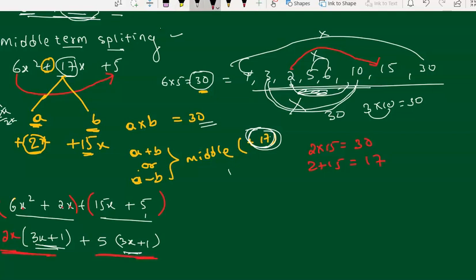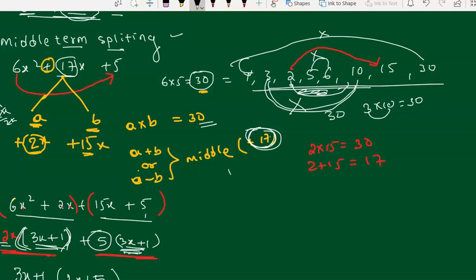In these two terms, what is the common thing I have? 3x plus 1 is common. In both the terms I have 3x plus 1. So let's take 3x plus 1 as common. Whenever I take 3x plus 1, I am left with 2x here, and with 5 here. What kind of 5? Plus 5.